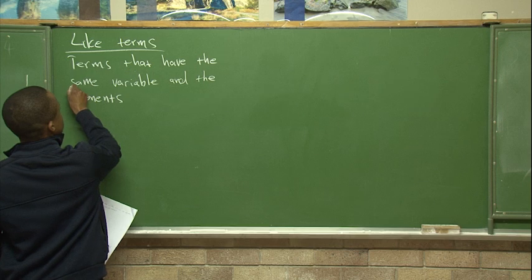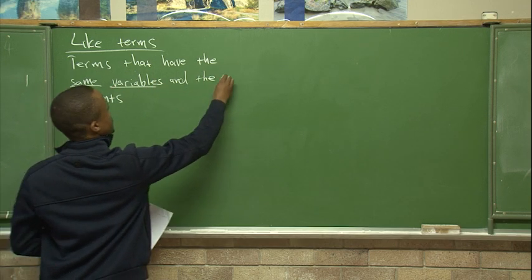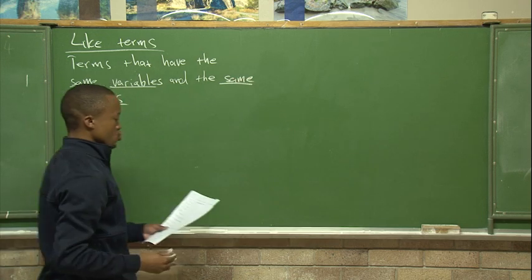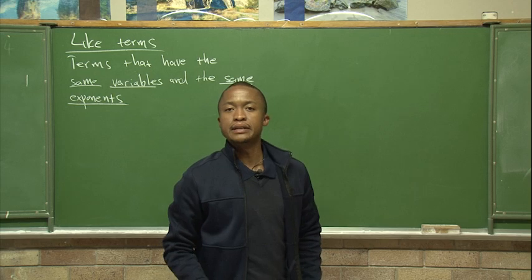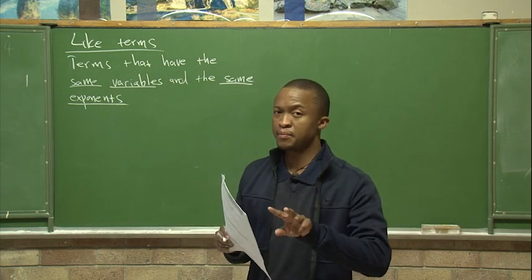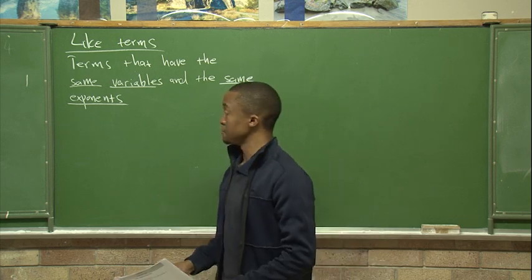So very important, you must have the same variables and the same exponents. That is what we define as like terms. Always remember, variables must be the same, and the exponents of those variables must also be the same.